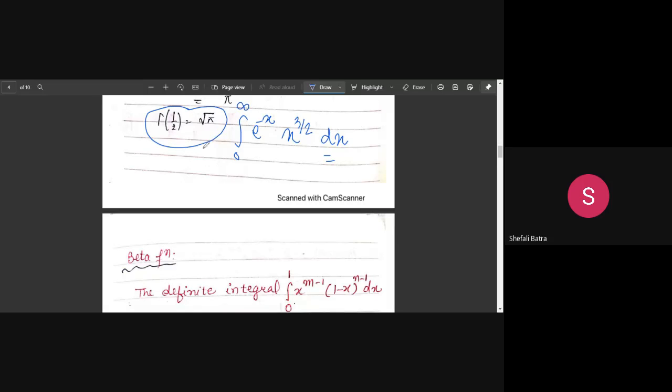Okay. Before that, I'm asking you one more integral. Integration 0 to infinity e raised to power minus x raised to power 3 dx. That is equal to what? Write this integral in gamma function. Yes, we have discussed it, beta, in previous class.